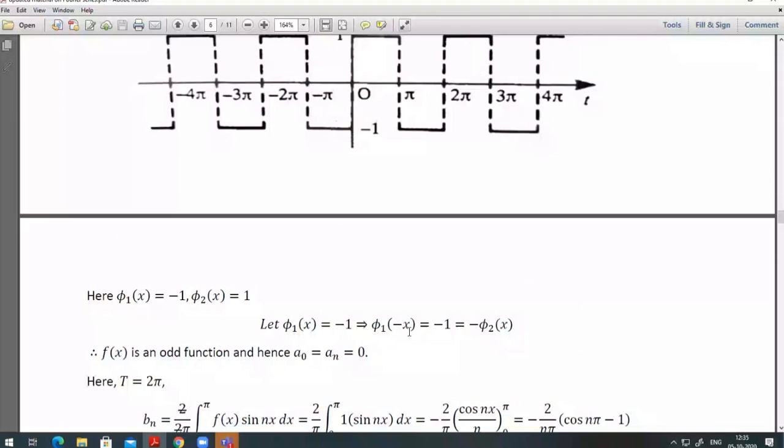So the function is an odd function; this condition is satisfied. Therefore f of x is odd.